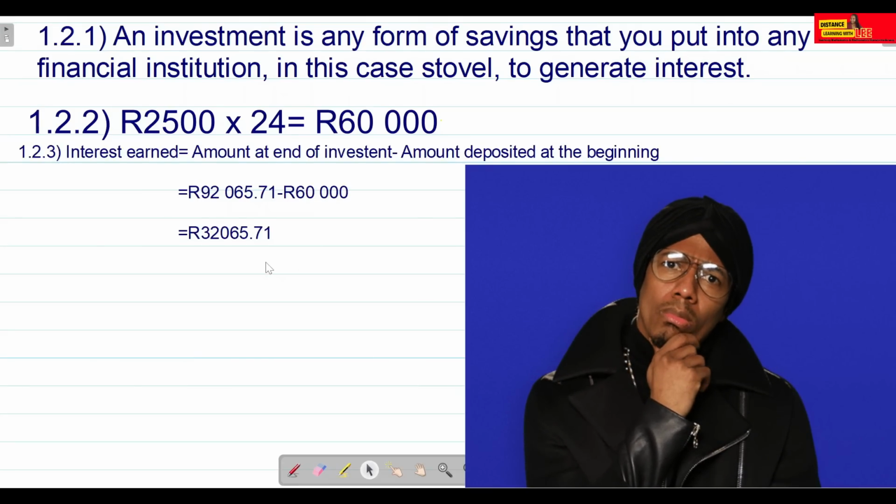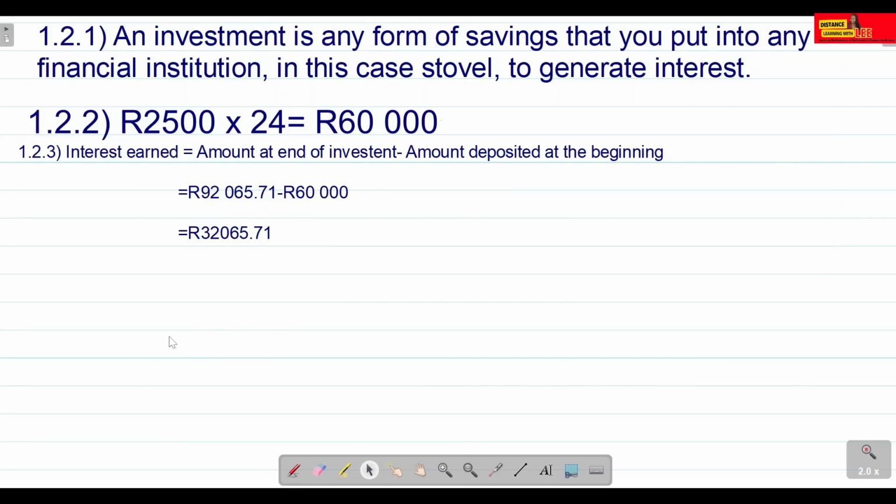So to get the interest earned, you take the amount at the end of the investment and subtract the amount deposited at the beginning. So it's going to be 92,065 rand and 71 cents minus 60,000, and you'll find that the interest that you would earn if you decided to go with Plan B is equal to 32,065 rand and 71 cents.